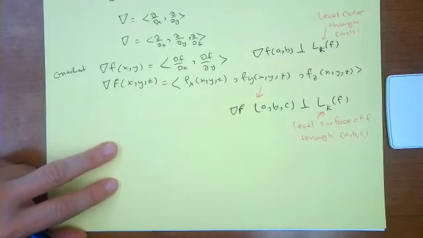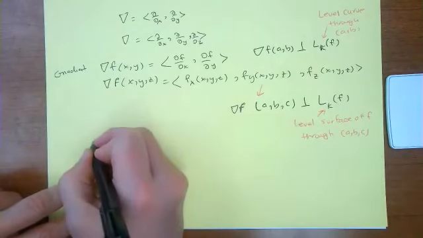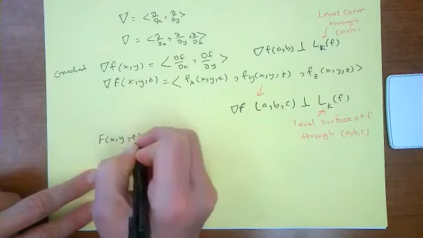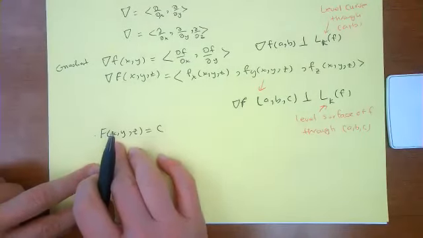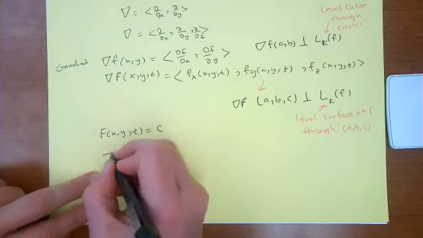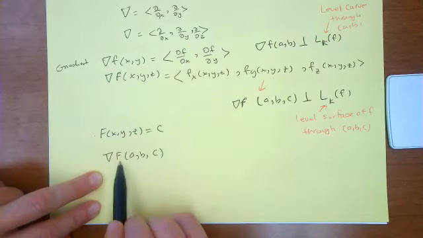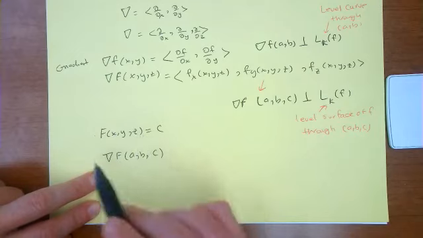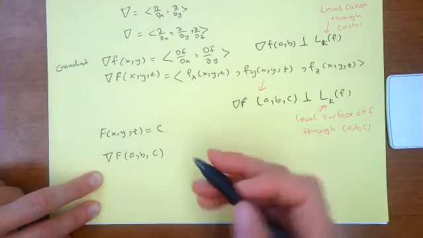Now, a nice thing that comes out of this is that I can say that if I have an implicit function, f of x and y and z equal to c, then I can find the gradient of f at any point A, B, and C, and that is orthogonal to the surface of the implicit function at A, B, and C. That level surface, this is going to be a level surface basically.